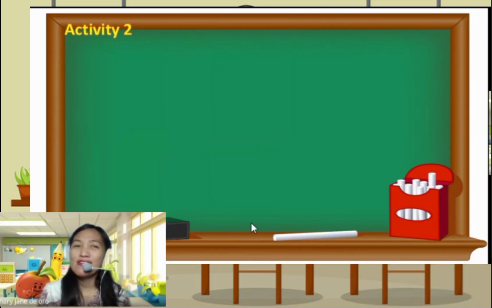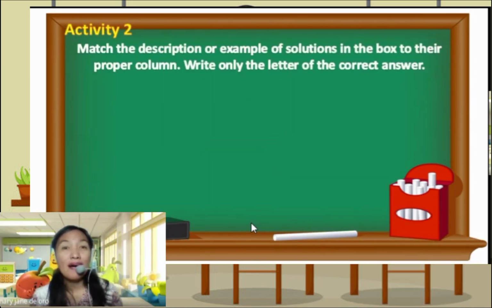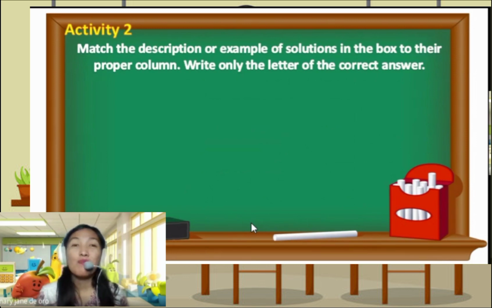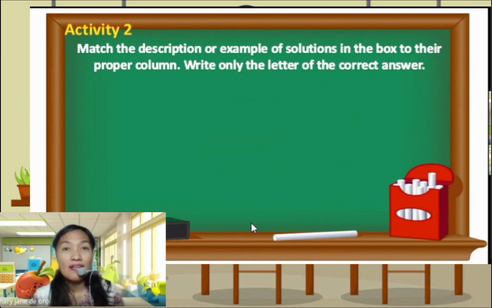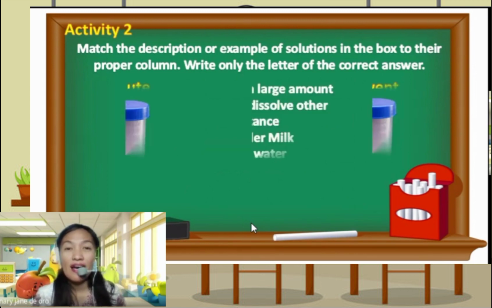Okay, for our activity 2, match the description of example of solutions in the box to their proper column. Write only the letter of the correct answer.